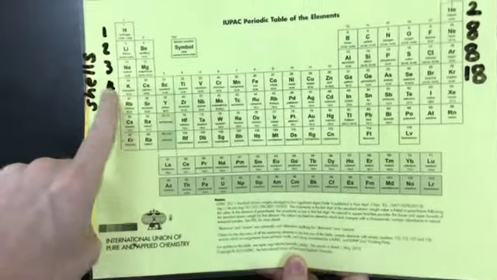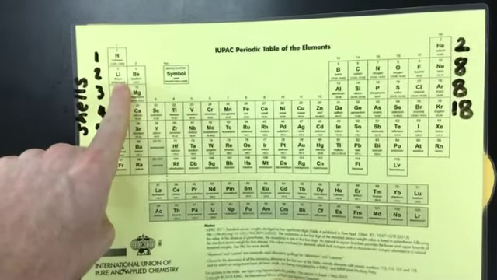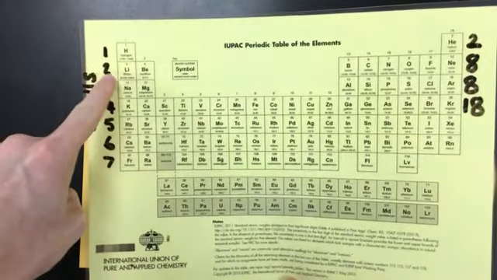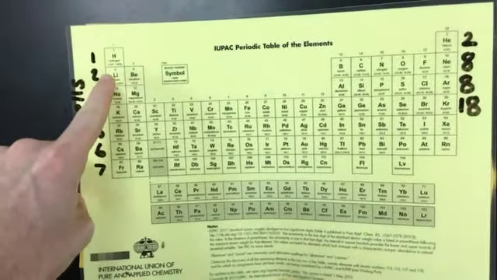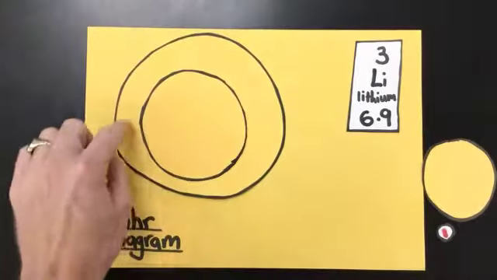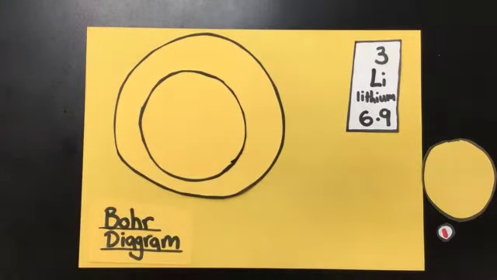We'd find lithium right there. We could see that it's in the second row. So how many shells do I need? Well, I need 1 and 2. So 2 shells, 1, 2. Now, if we were to look at the side here, well, let's have a look and try and figure out the numbers we had before.